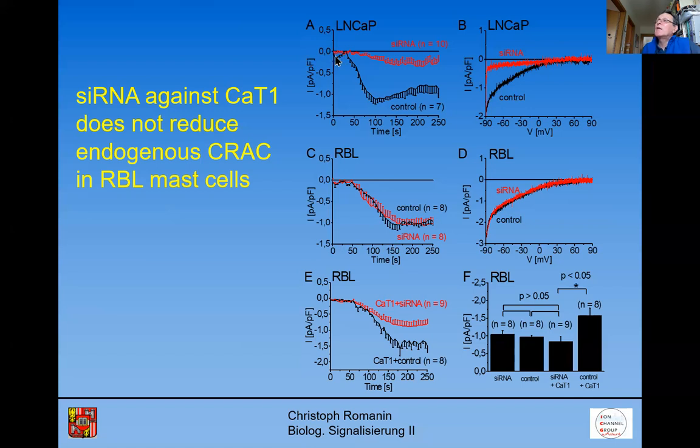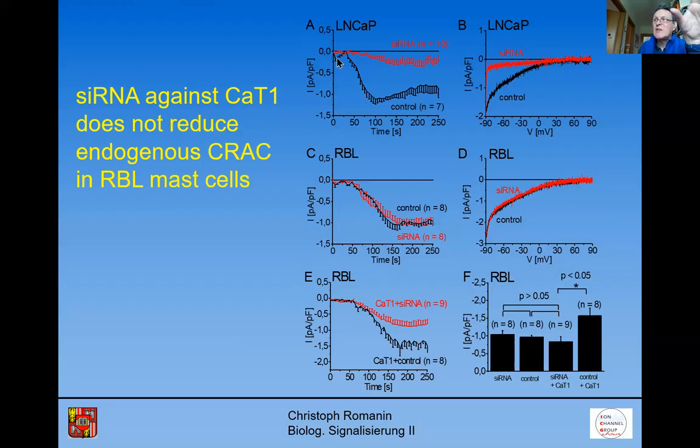It takes some time to get activated, it seems also to be controlled by the stores in these cells, but you see the activation within 100 seconds, and the current-voltage relationship looks pretty much the same as the endogenous CRAC current in mast cells. This was shown to be mediated by CAT1 proteins or TRPV6. So when we now use siRNA and treat the cells with siRNA against CAT1, that was expected.